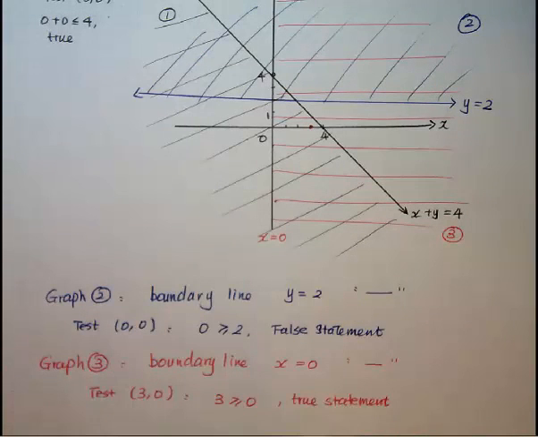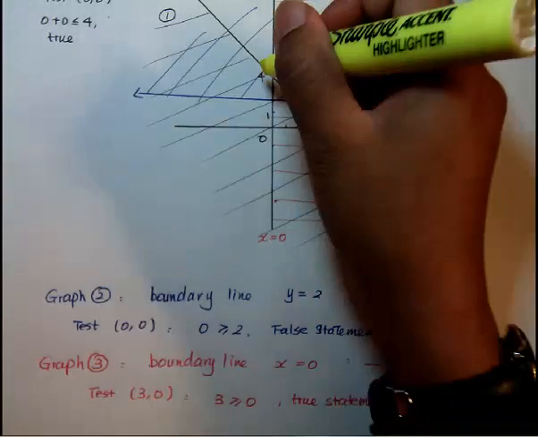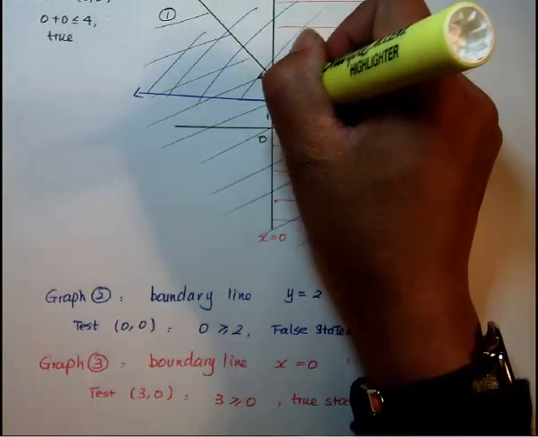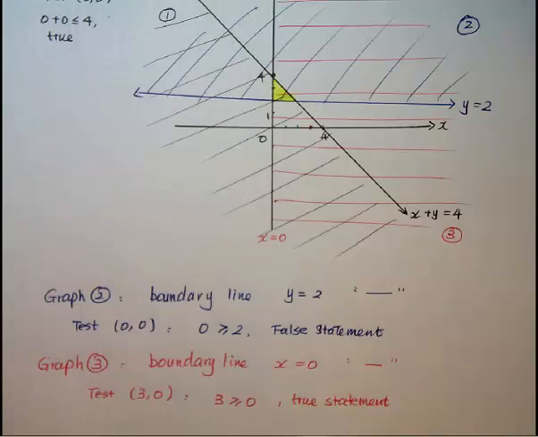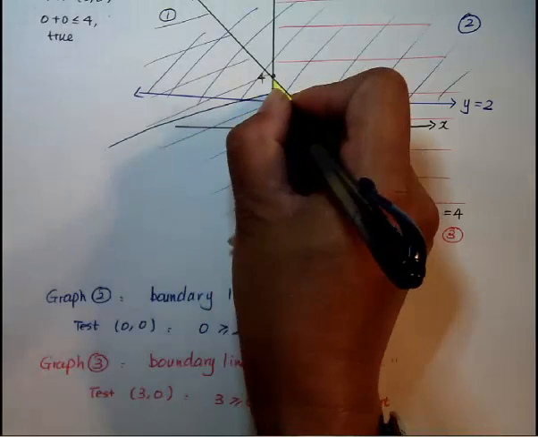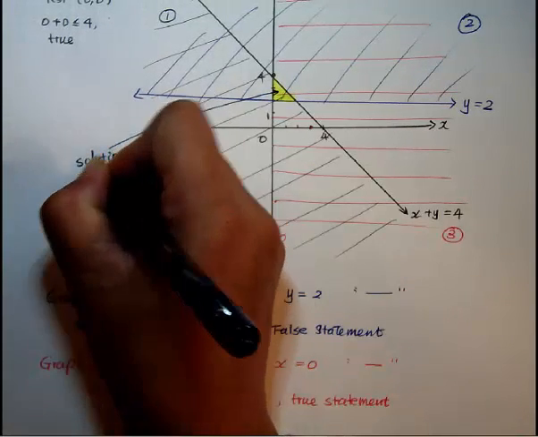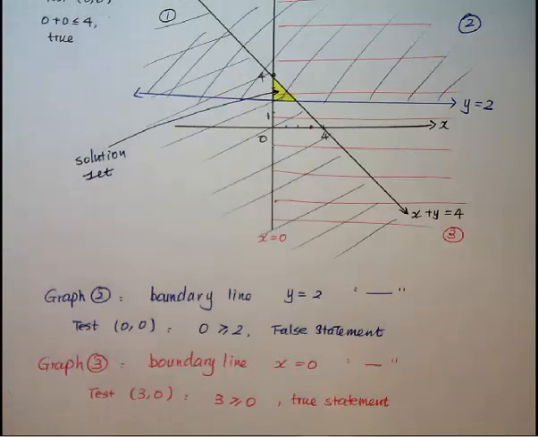And take a look, which part we overlap had 3 colors, black, blue, and red. And that will be this little triangle right here. So that little triangle is our solution set for this system of inequalities.